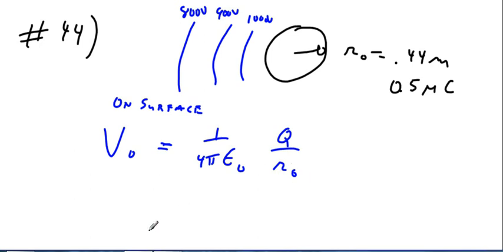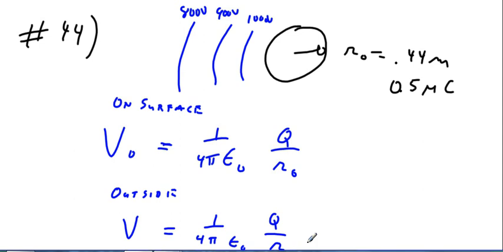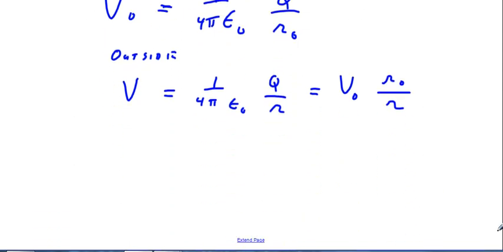We also know that outside, the voltage is going to be 1 over 4 pi epsilon naught Q over R, which is V naught R naught over R. Okay, outside. So now we have to find V naught.